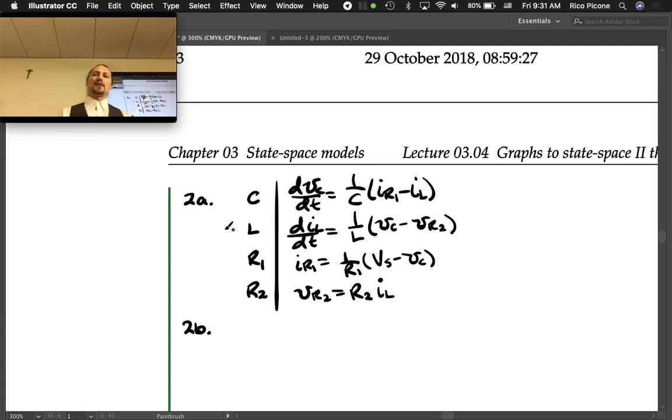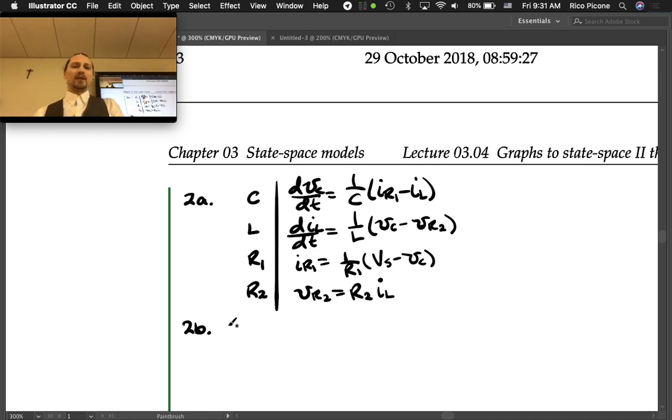So let's just look at this for a minute and see that we have Vs, we have Vc, we have IL on the right-hand sides of these two equations. So they're an input variable and then two state variables. Vc is a state variable, IL is a state variable. So if we just substitute these into these equations up here, eliminating IR1 and VR2, we get rid of them.